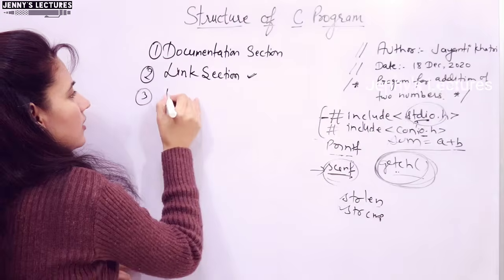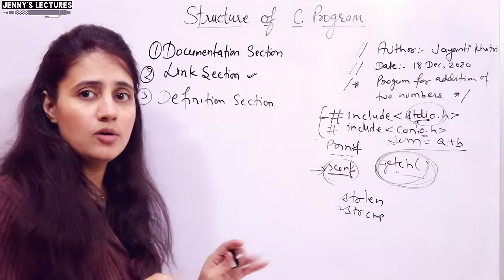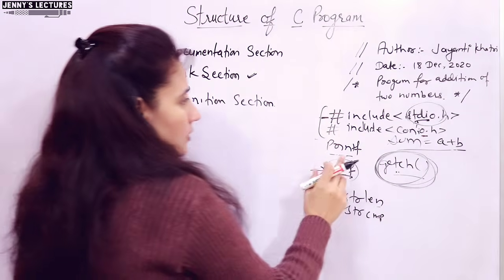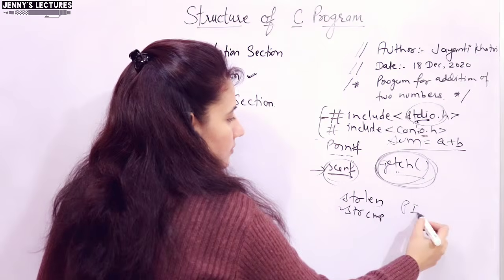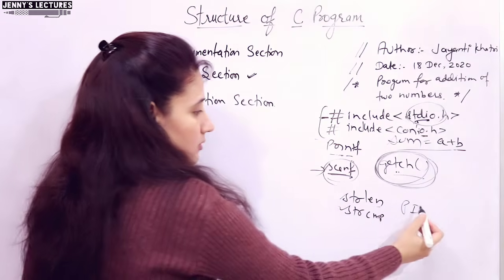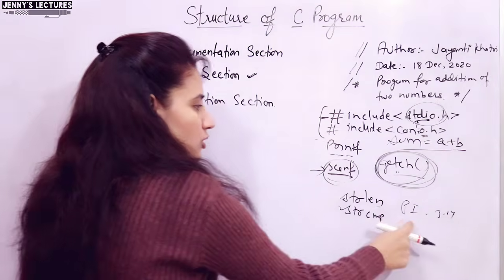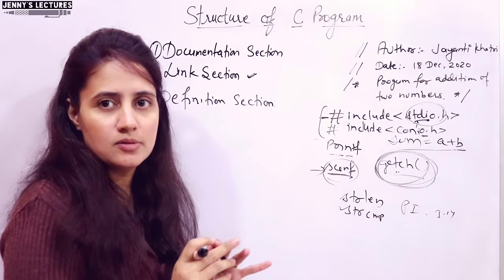The third section is the definition section. This section defines all the symbolic constants. Now what does that mean? Suppose I want to use pi in a program. You know pi means 3.14, right? So I am using this pi in a program, suppose 10 times.